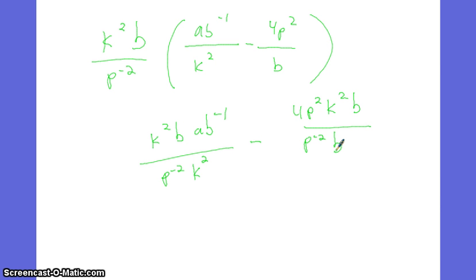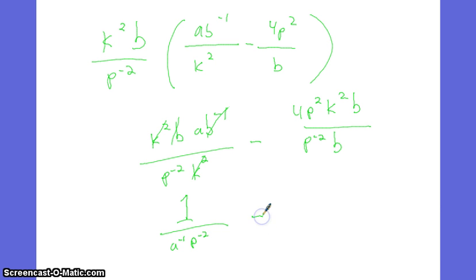I want all of my variables in the denominator, so every variable is going to go down. So that means that's going to be a 1 here. Okay, every variable is going down. So what happens? Well, my k's are going to go away because 2 minus 2. And my b's right here take care of themselves because 1 minus 1. So I will bring my a down, a negative 1. My p is fine, so negative 2.